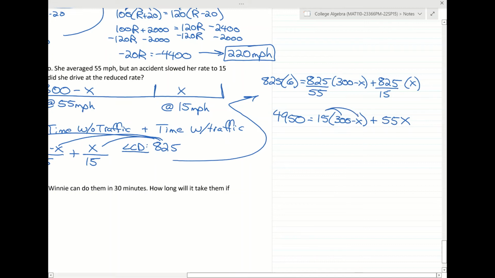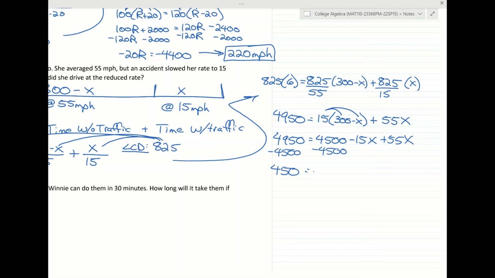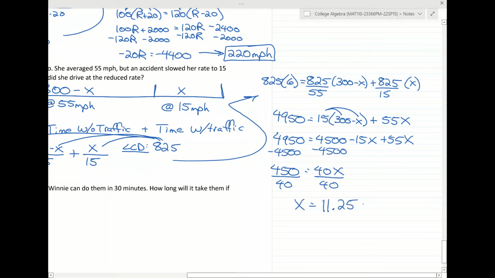I'm just distributing and simplifying here. That's equal to 4,500 minus 15x plus 55x, so 40x equal to 450. 450 divided by 40 is 11.25, or 11 and a quarter hours.